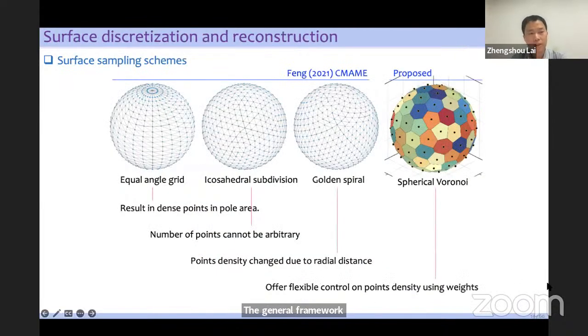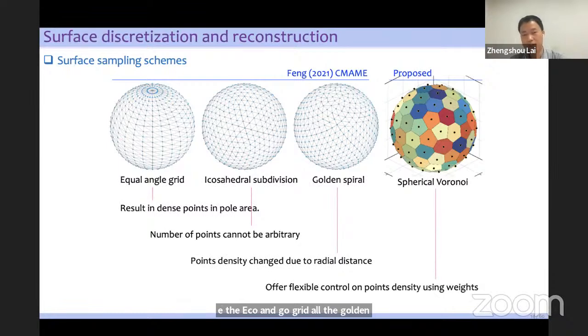Based on the SDFDEM, there is another issue: we need to discretize the surface of one particle into a set of nodes. Here are several conventional methods to discretize the particle surface. For example, if we have a spherical particle, we can use the equal angle grid or the golden spiral approach.